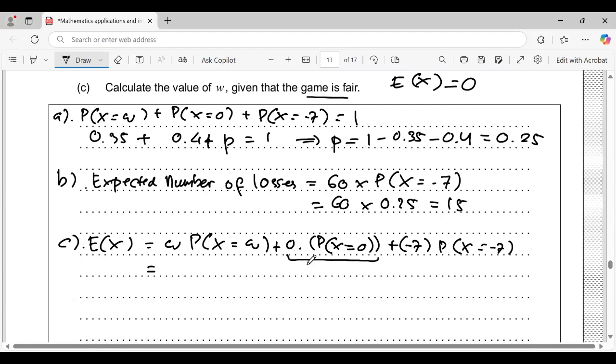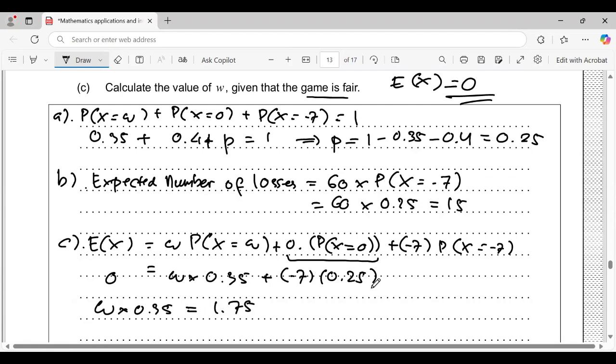This is 0, so W times 0.35 plus -7 times 0.25 equals 0. So W times 0.35 equals 1.75.